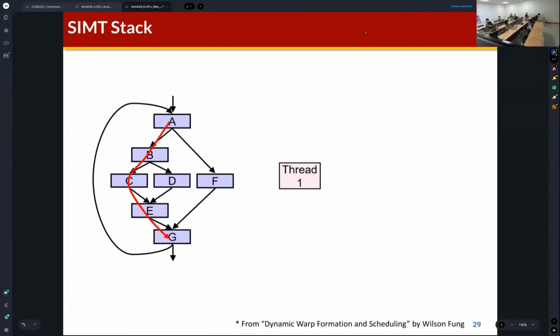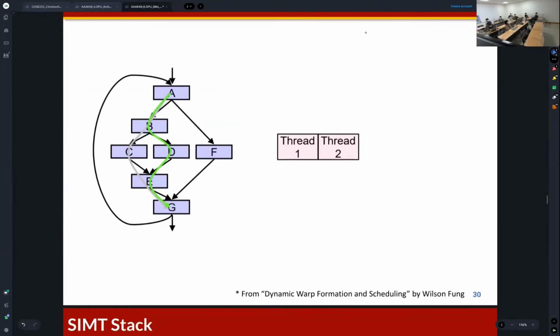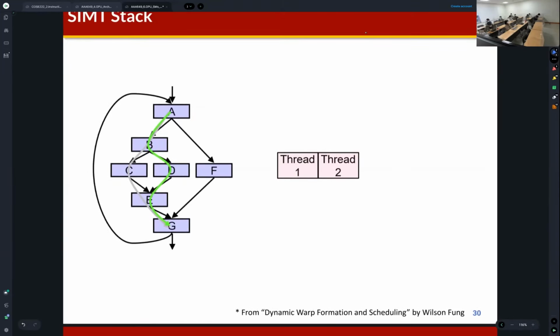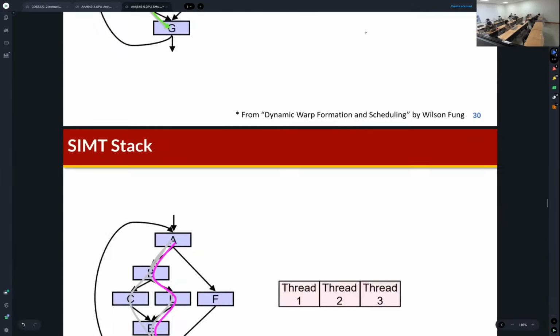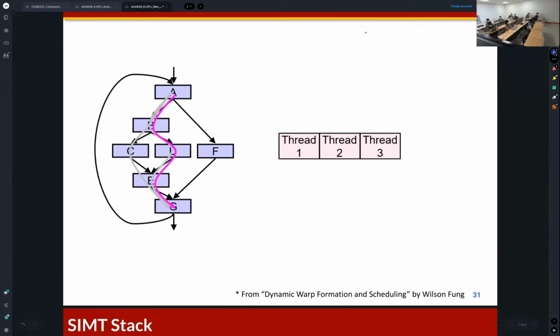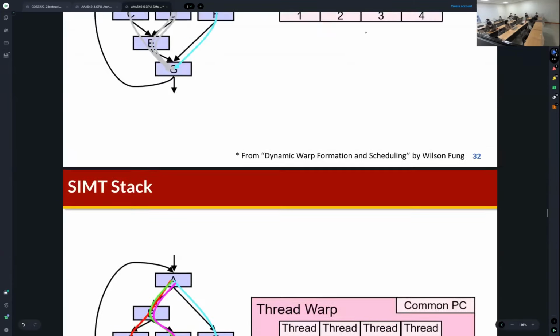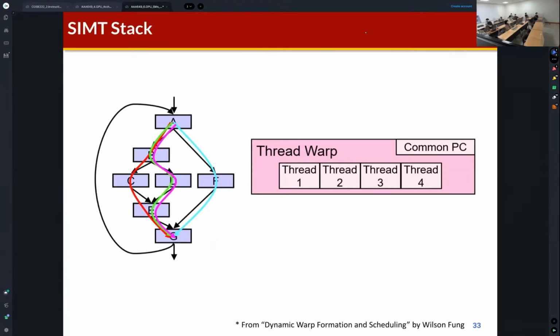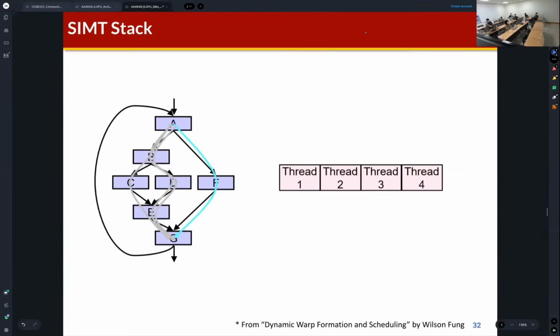Let us suppose thread 1 executes the path A, B, C, E, G, and thread 2 executes A, B, D, E, G. Thread 3 also executes the same path, and thread 4 executes a different path like this.